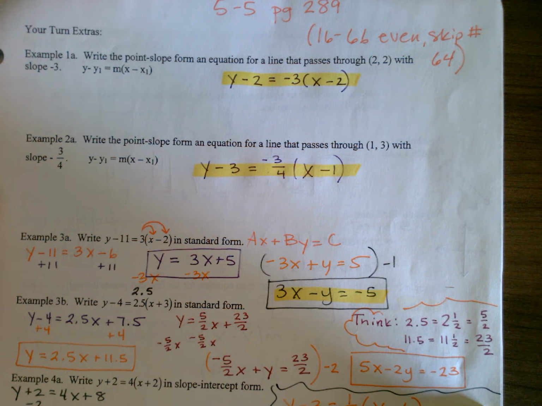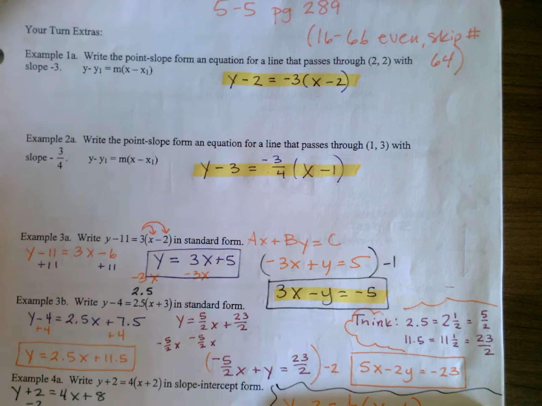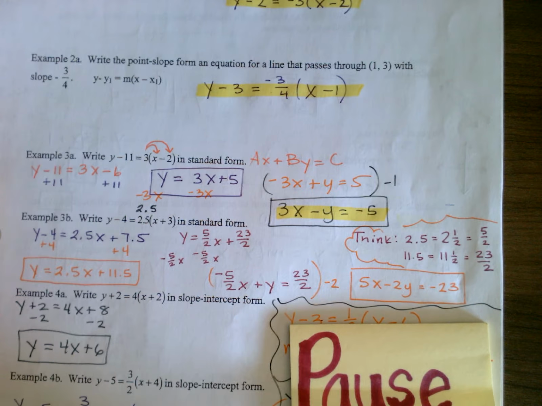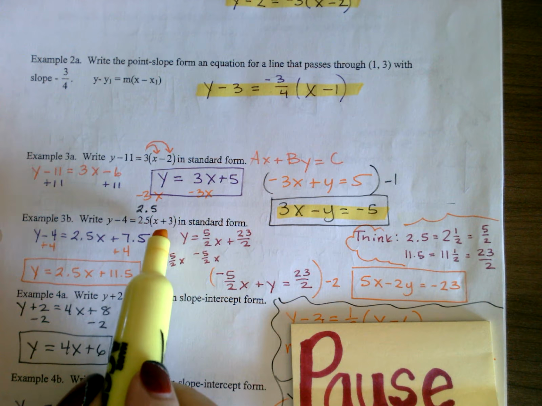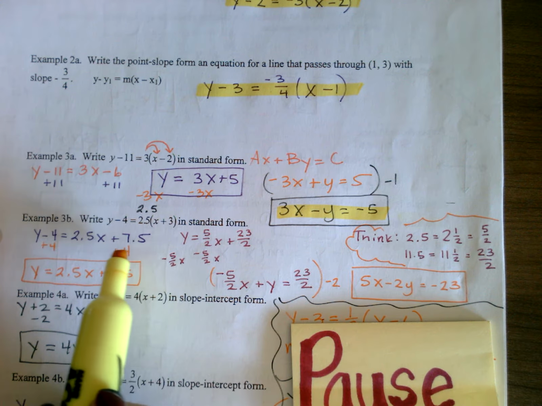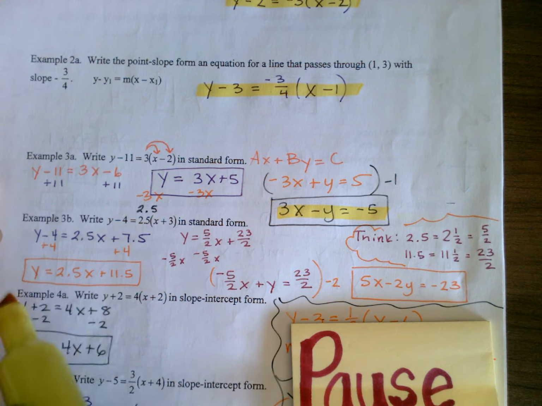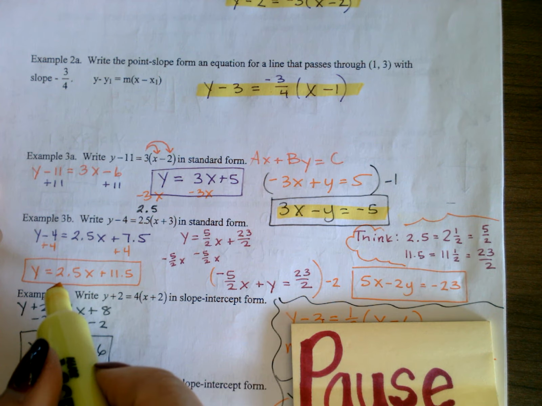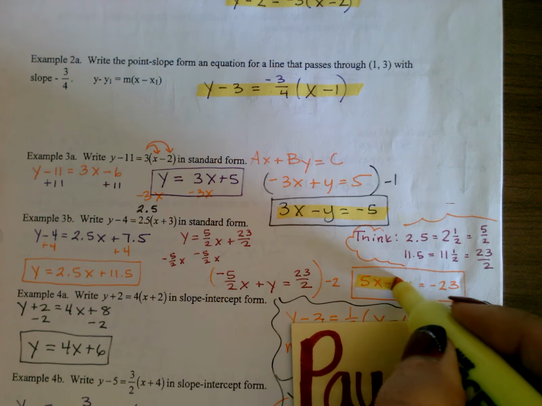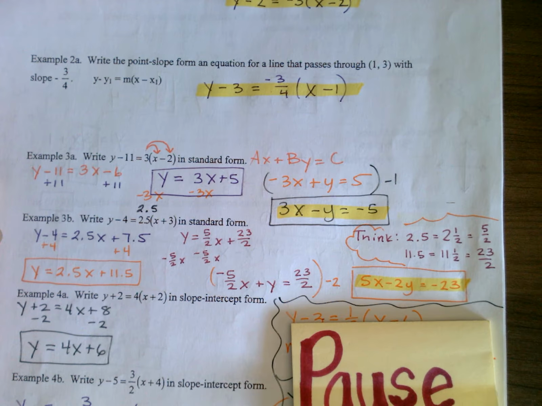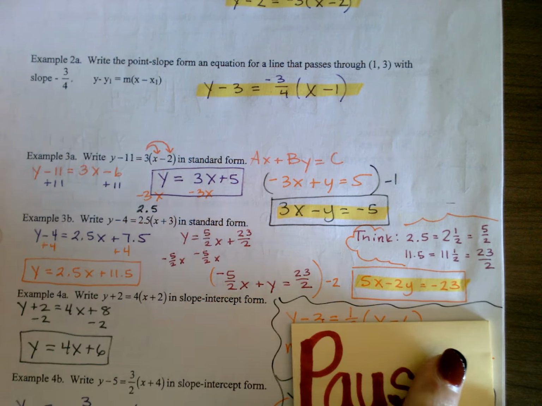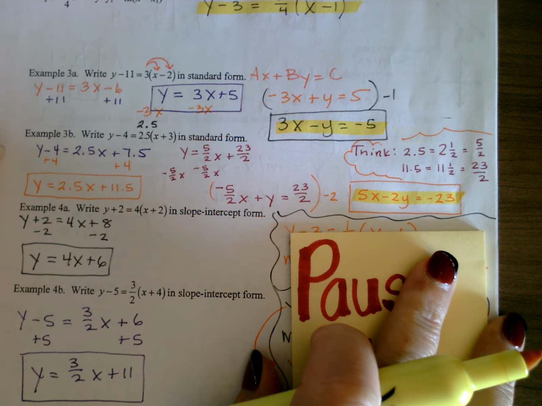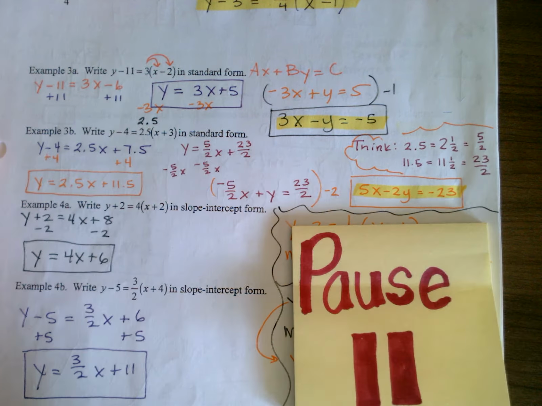I asked you to go to standard form, so my final equation is there. The next one with decimals, that was a doozy. What I did, point slope form to standard, I distributed. That got me slope intercept form. Not what I'm asking for. I proceeded on and I ended with standard form there.